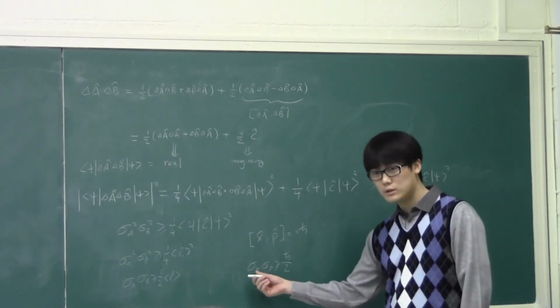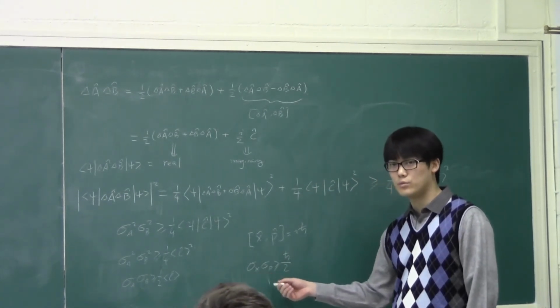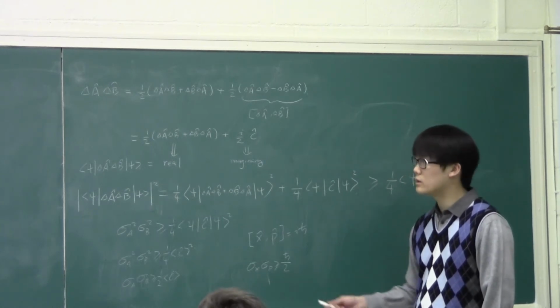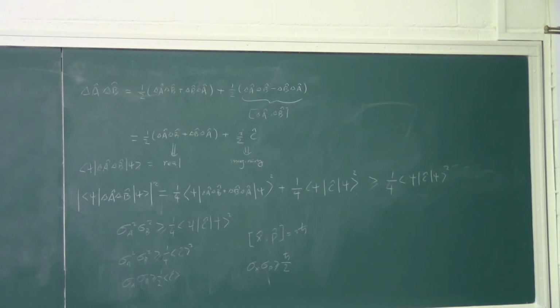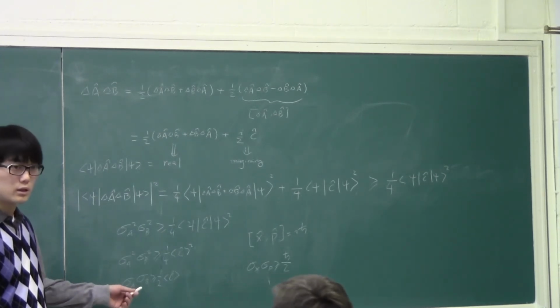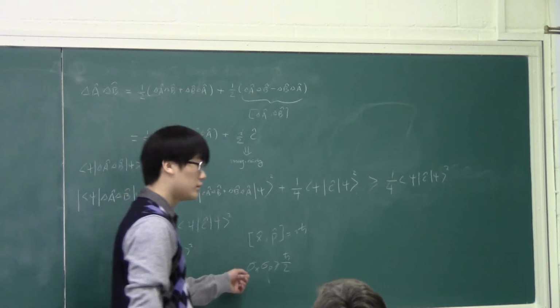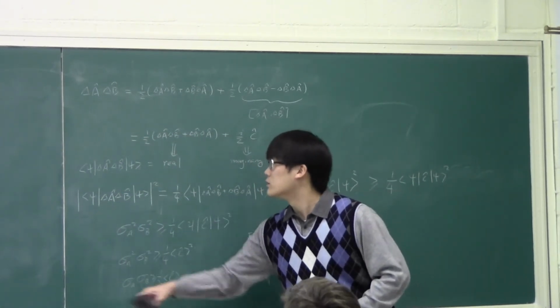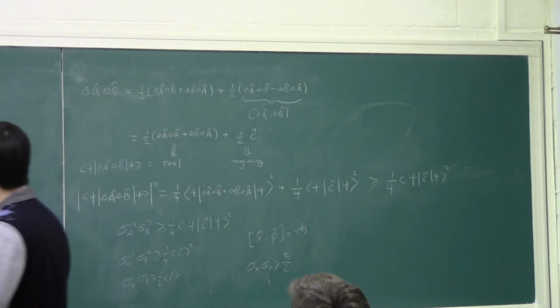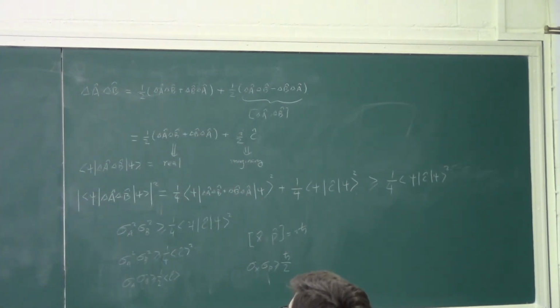This is probably the most famous uncertainty principle. But you'll see that if we started with any two dynamical observables that correspond to a Hermitian operator, then if they don't commute, we can use this generalized formula here to study their uncertainties. So this is the generalized uncertainty.